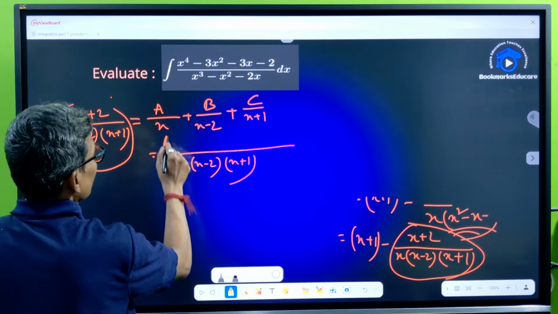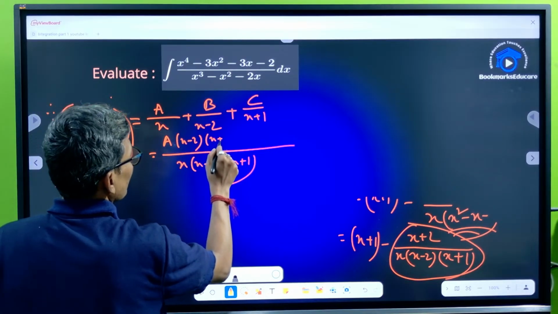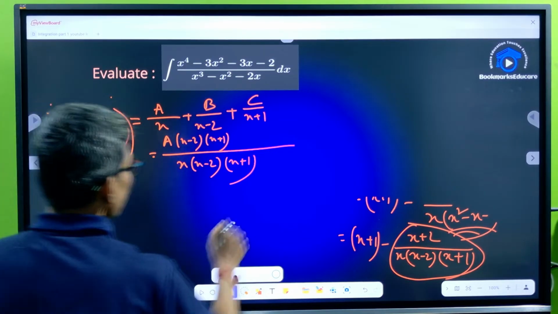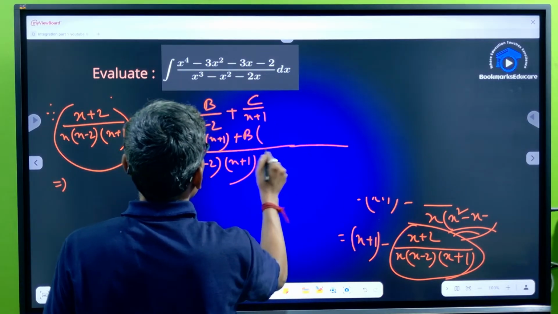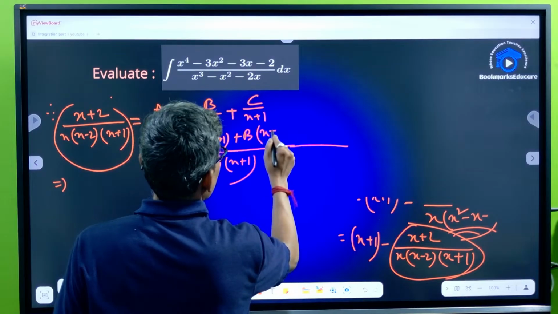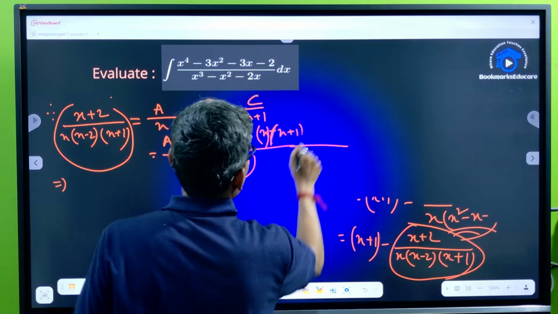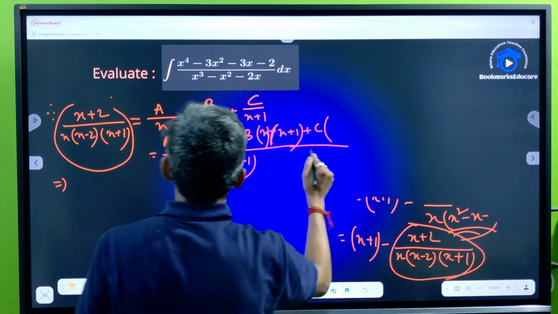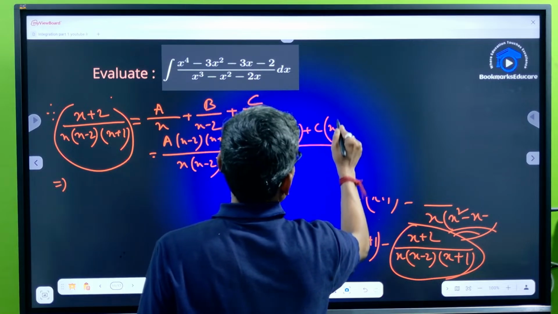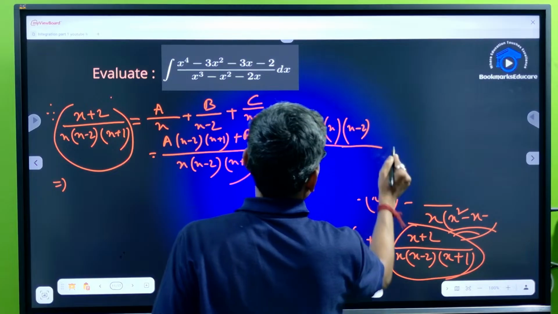So a into x minus 2 into x plus 1 plus b into x into x plus 1 plus c into x minus 2.